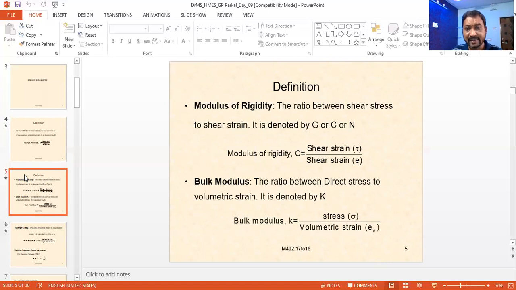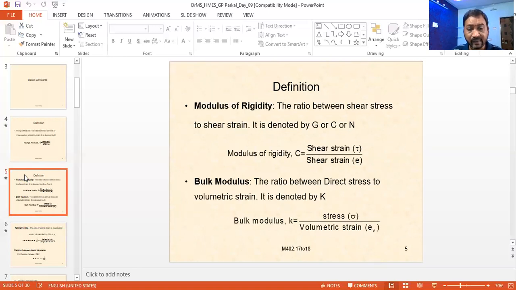If the shear modulus is more, then we can say that the material is more rigid as compared to others that have a lower modulus of rigidity. It is also measured in newtons per square millimeter.